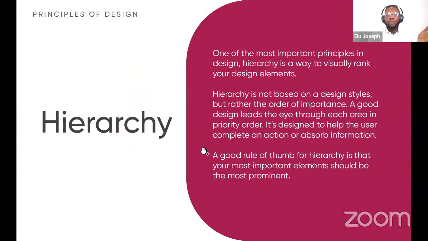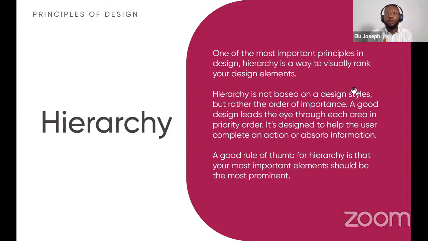Then hierarchy. I remember somebody asking the difference between hierarchy and emphasis yesterday. And I told you how hierarchy is majorly a way to visually rank your elements. So hierarchy is just giving rank. What is more important? What follows?